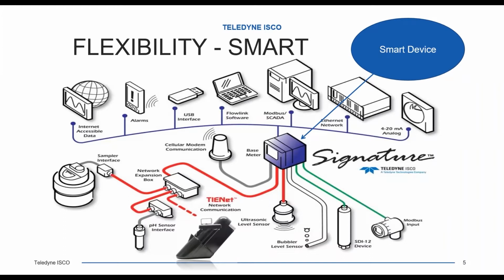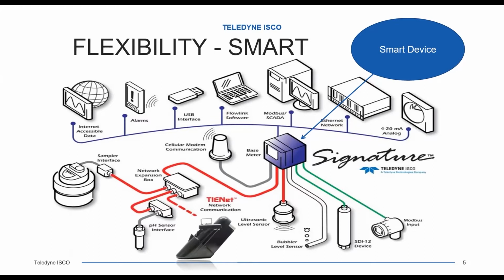We can also output a lot of different things, and one would be the internet. If you haven't already seen it, FlowLink Cipher is our latest, greatest internet cloud-based program, which we're very excited about. That would be one of your internet capabilities, but there are also alarms, USB devices, plug and download, which is what you can do with Signature, FlowLink software, and also Modbus or SCADA.